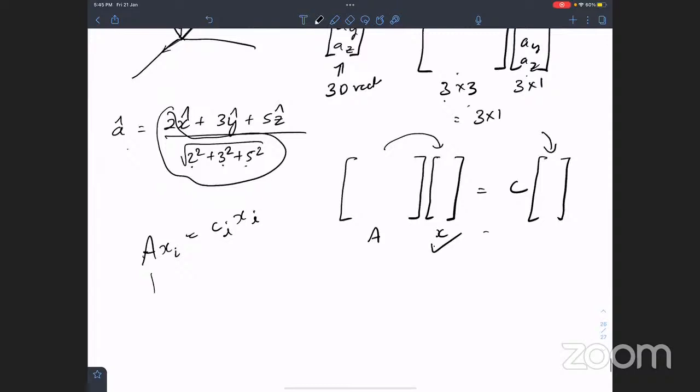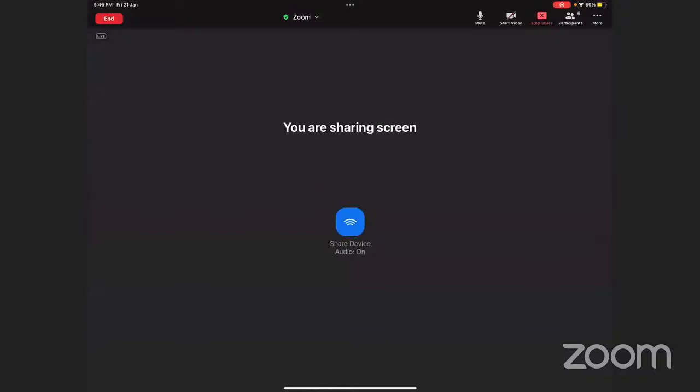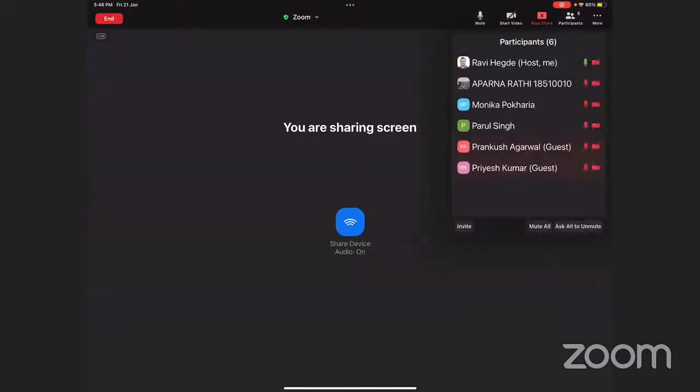So this is my original matrix, this is my eigenvector, this is also my eigenvector, and this is my eigenvalue. Any doubt about this? I hope it's clear. Any questions? No, right?